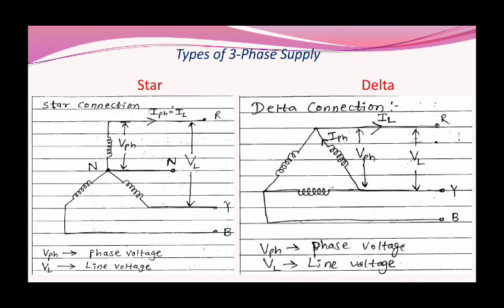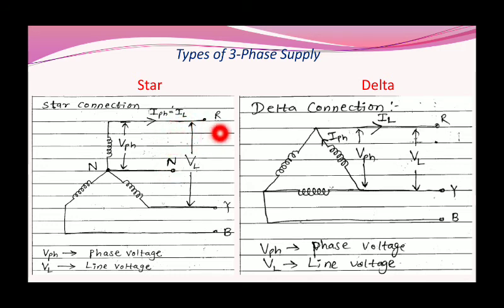As you can see below the star diagram, VPH stands for phase voltage and VL stands for line voltage. If we measure the voltage between the R phase and neutral, we call it phase voltage.